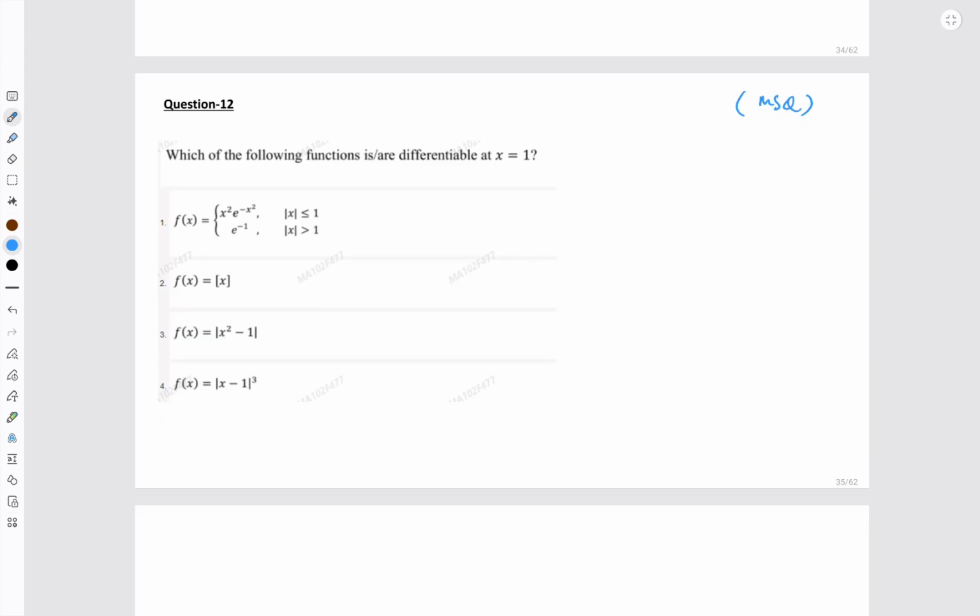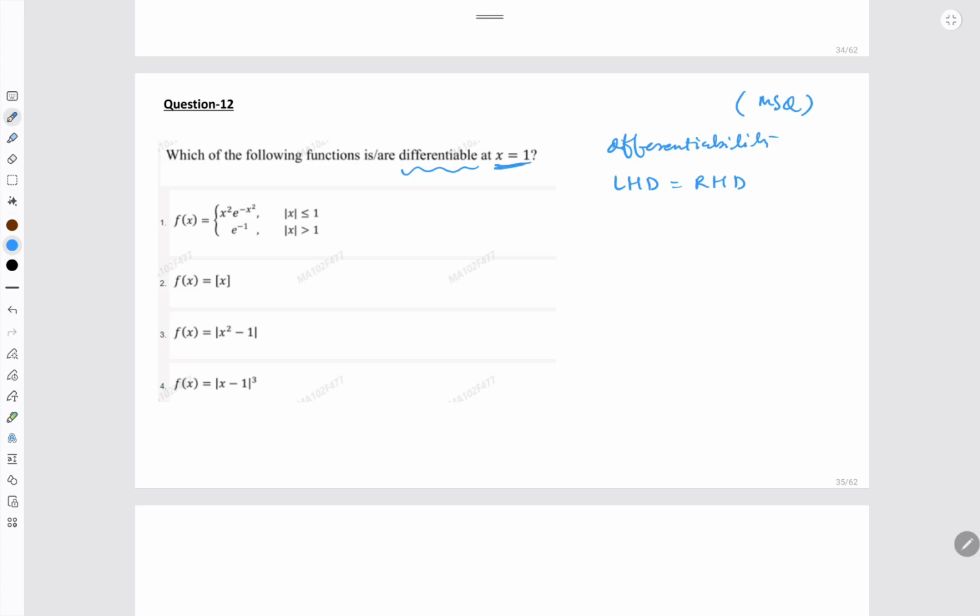So what is the meaning of differentiability first? Differentiability means, for a one variable function, LHD should be equal to RHD, left hand derivative at a point.